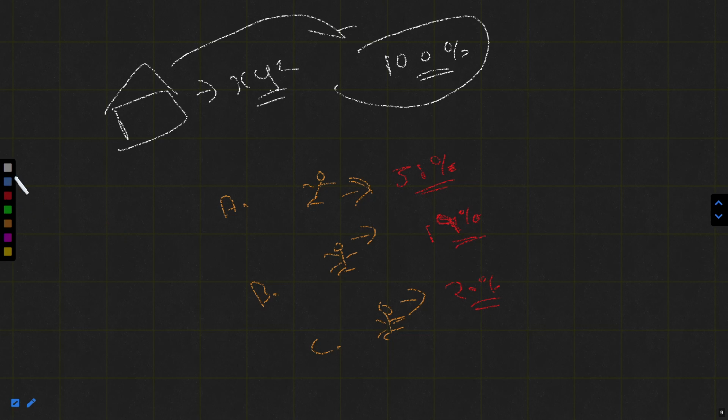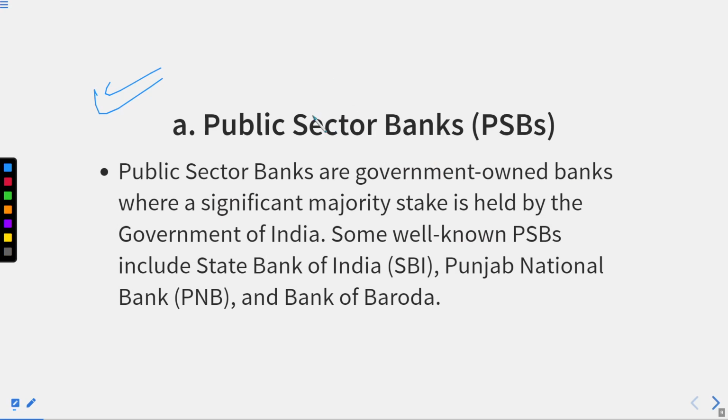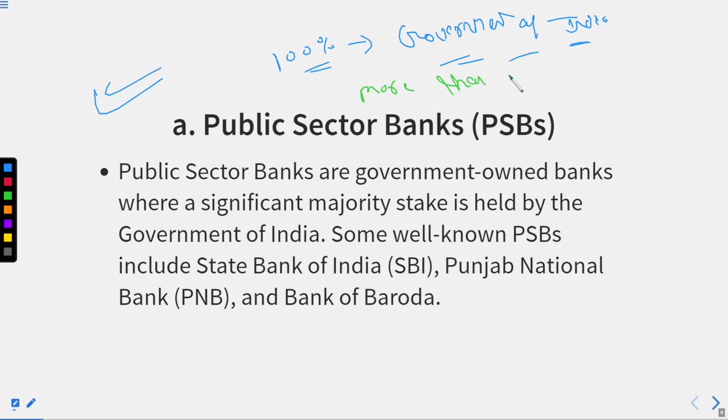So if we go by this calculation, A should be the owner. Why? He has the maximum stake of XYZ, whereas B and C are the partners, stakeholders or shareholders, but the owner will be A. That's how in public banks, out of 100% of stakes, the government of India owns more than 50% of stakes.